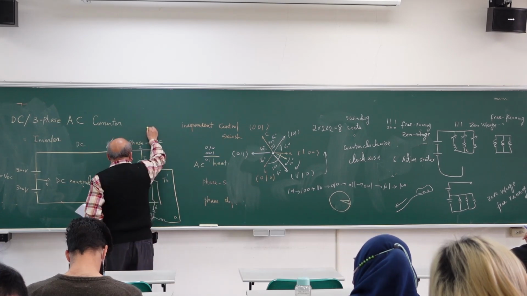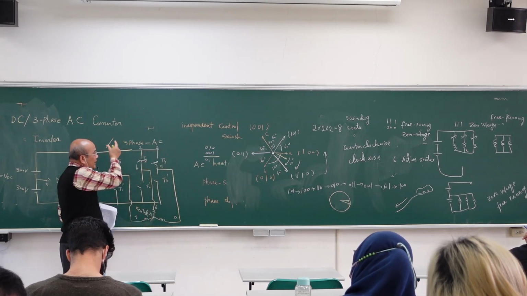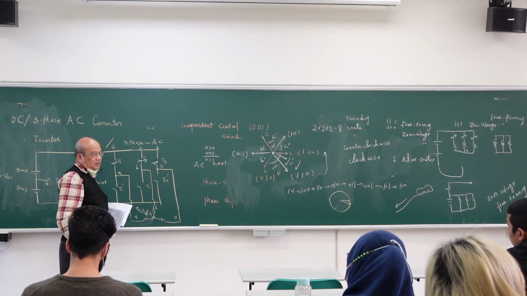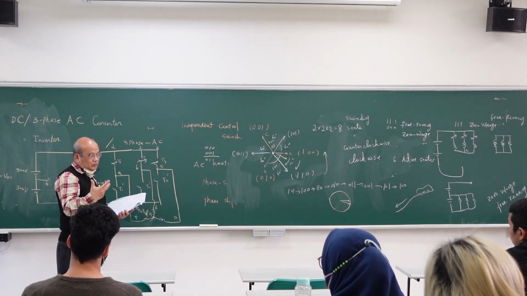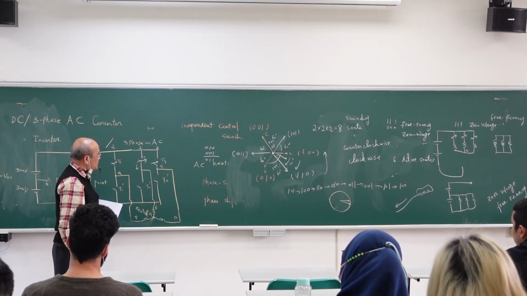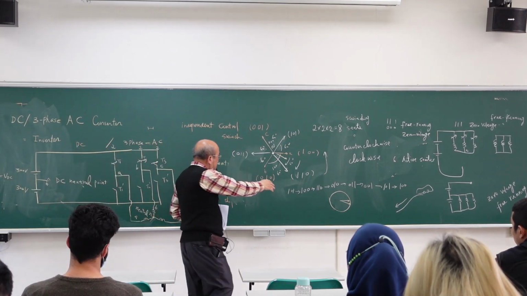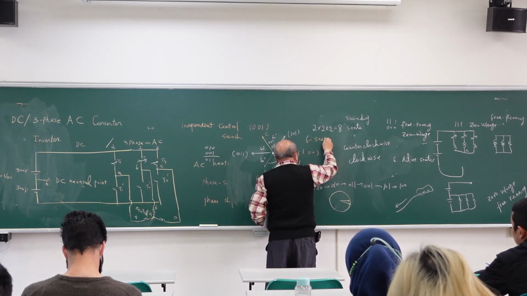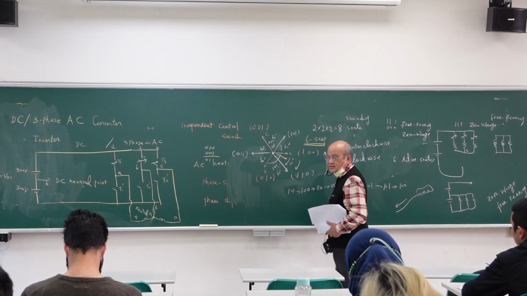But what happened? I want this, but each step is like this. Then do you think this is good enough? No, it is not good enough. So totally how many steps do you have? Only 6 steps.